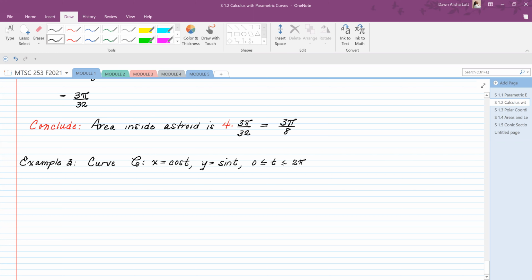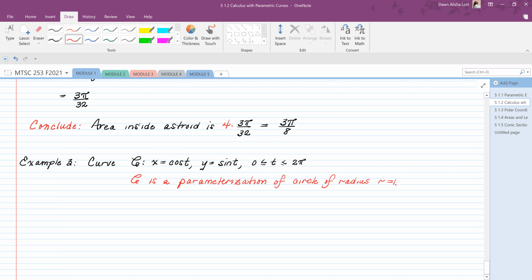So we already know that this is a circle of radius 1, a parameterization of a circle of radius r equal to 1.